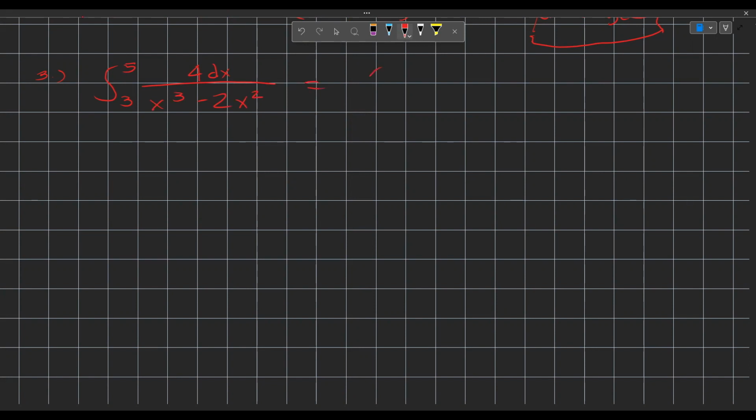We can rewrite this integral like this. We can factor the denominator by x squared, which means that we'll be left with x minus 2. And this is 4dx. And looking here, it seems like we can't do anything else.